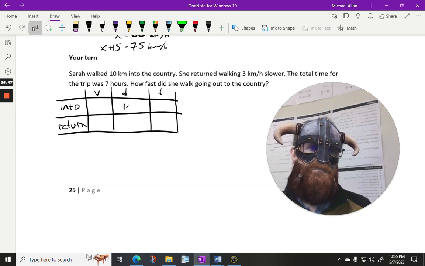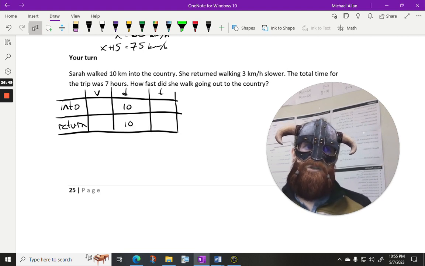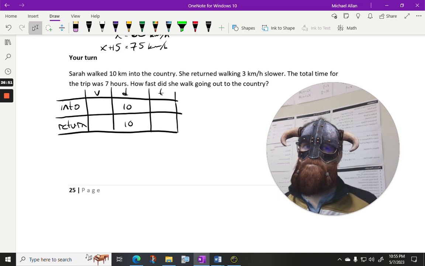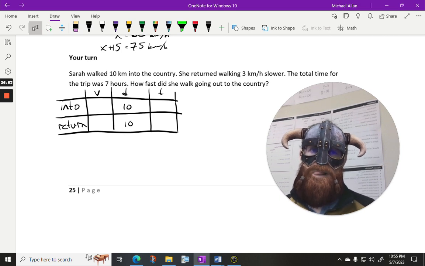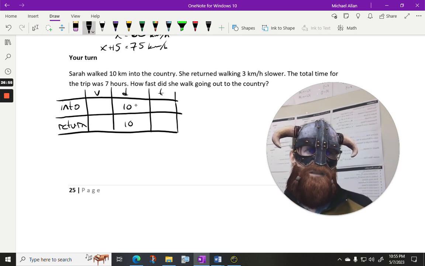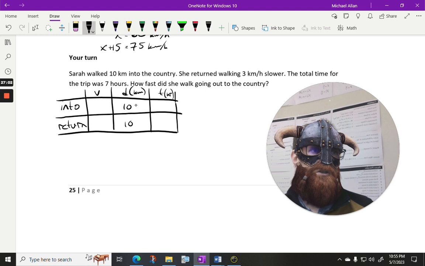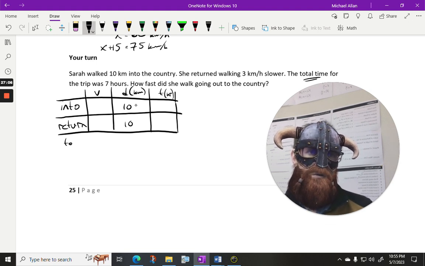So I'm assuming she's going to walk 10 kilometers back, unless for some reason she doesn't make it out. That'd be weird. So I'm going to say those are the same. These are in kilometers here. This is going to be in hours. This is the total time.